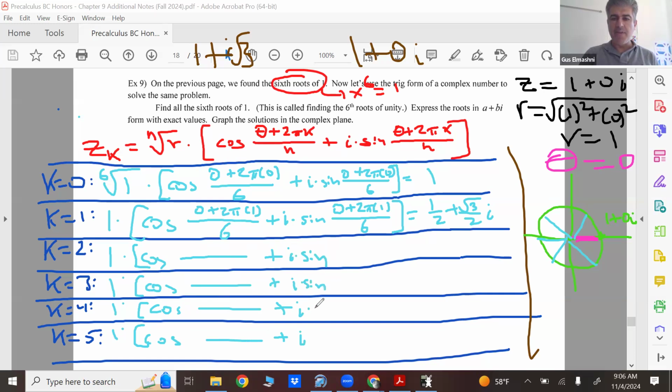Sorry, sounds like a broken record. Fraction, 6, bracket, equals 0, plus.